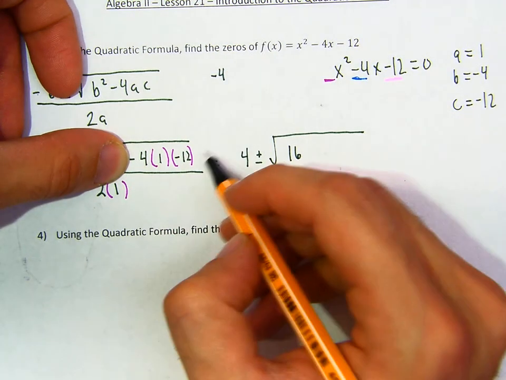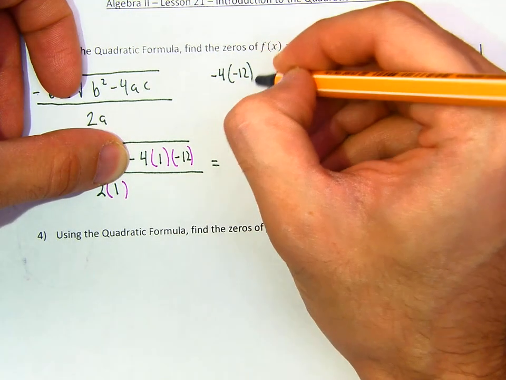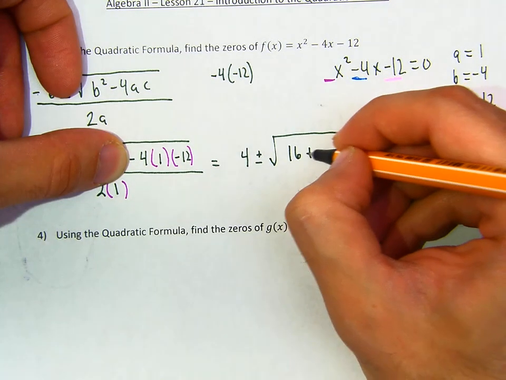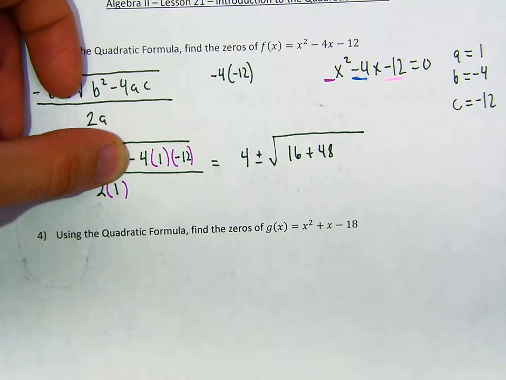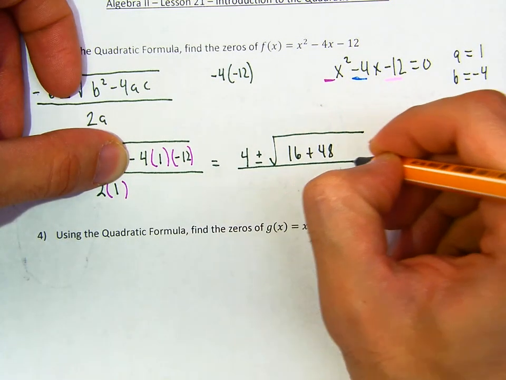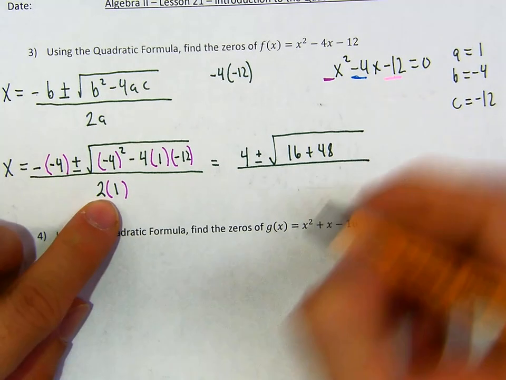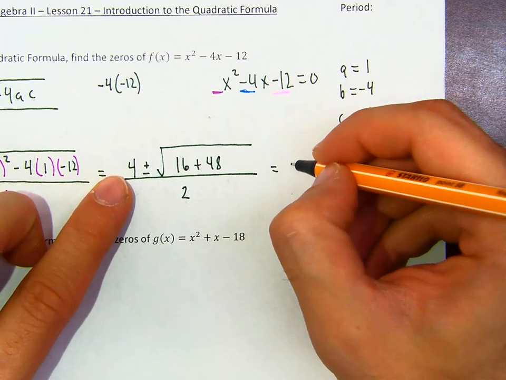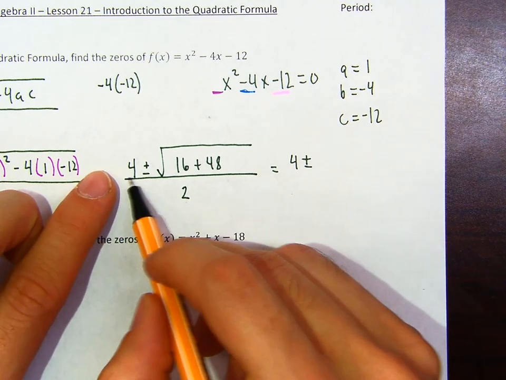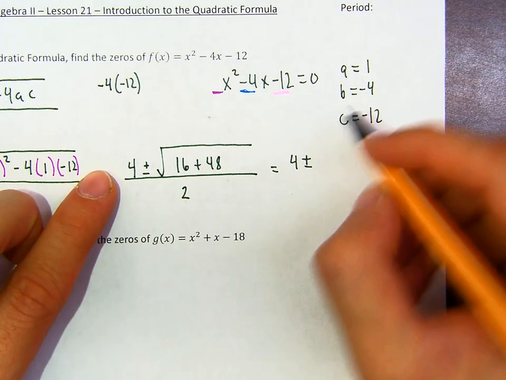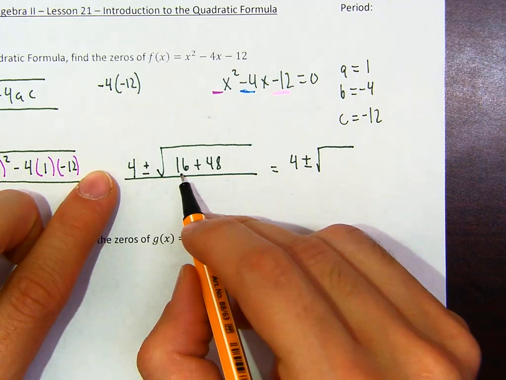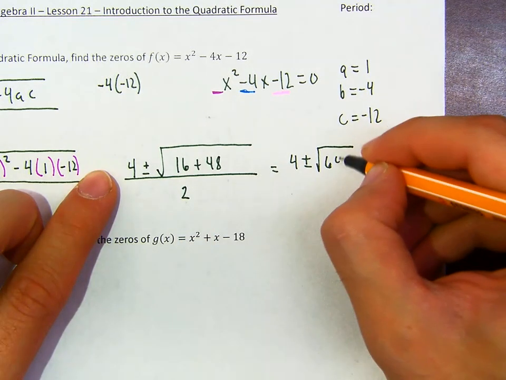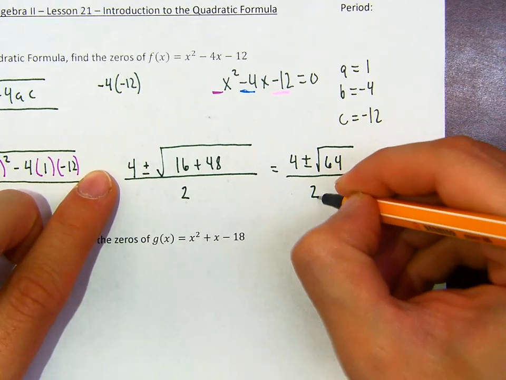What's -4 times -12? That is plus 48. Okay? And now here we have square root. And then 2 times 1 is 2. Okay? So then we have 4 plus or minus the square root of 16 plus 48, which is 64, over 2.